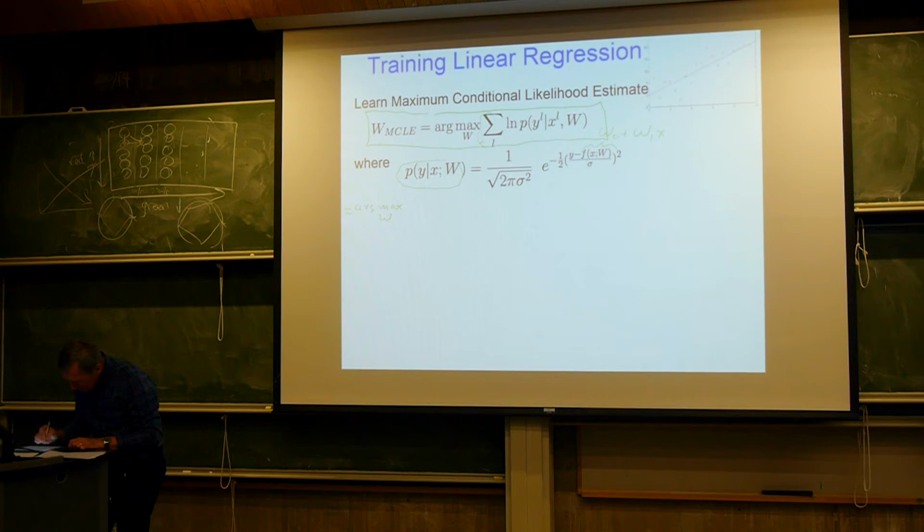I can write it out this way: it's going to be the sum, over each training example that I have, of the log of this P of y given x. So what is that log? Well, I have to take the log of this quantity, but that's just the log of the first term.